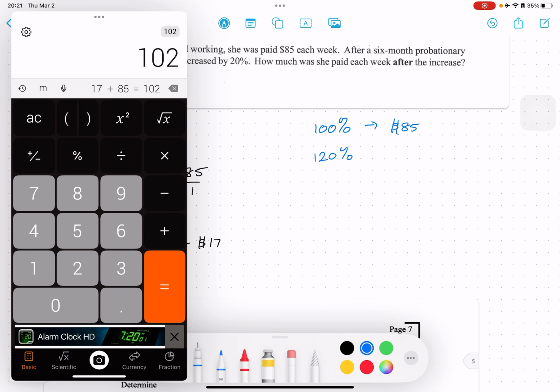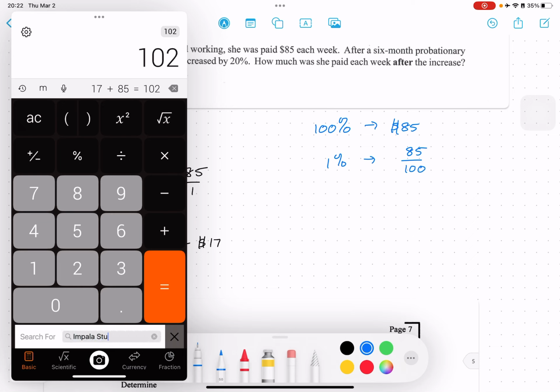All right, so we kind of need to use the money rule. So if 100% is $85, we first need to find for 1%. And that's very simple. Remember, to make anything 1, we divide by itself, right? So 100 over 100 is 1, and 85 over 100 will be the right side.